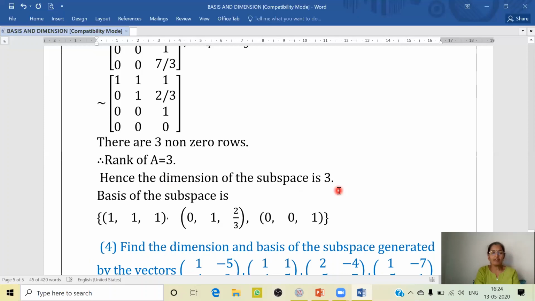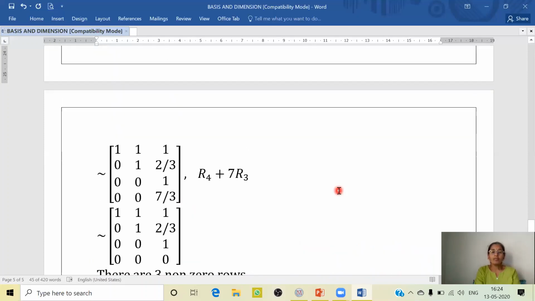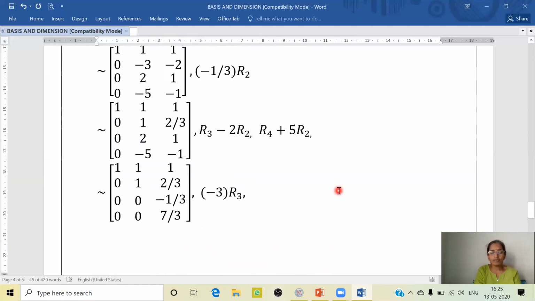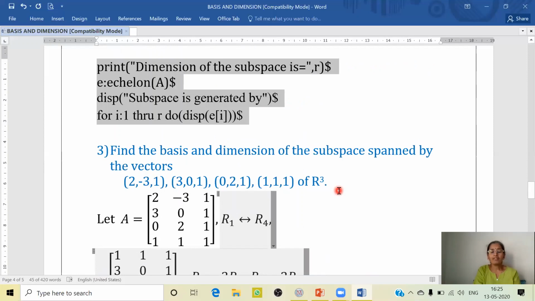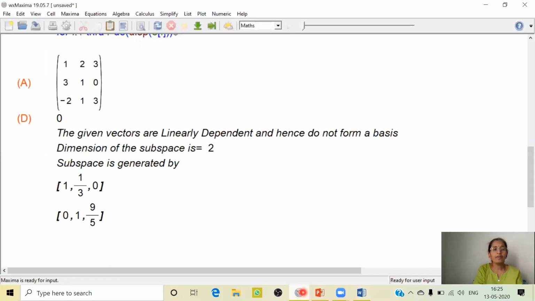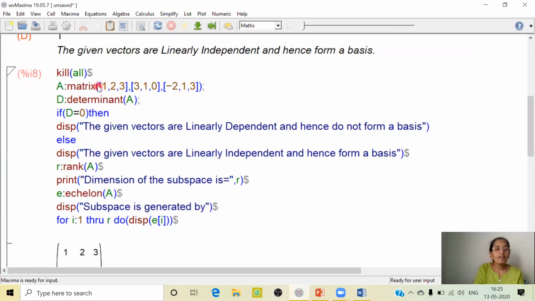So in the previous problem, whatever we used, the same thing we are going to use as the command here. But in place of the vectors given, we need to paste these 4 vectors. So let us take these 4 vectors, go to the Maxima window, and within the matrix, paste these 4 vectors.